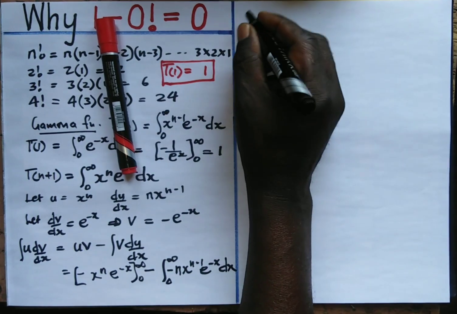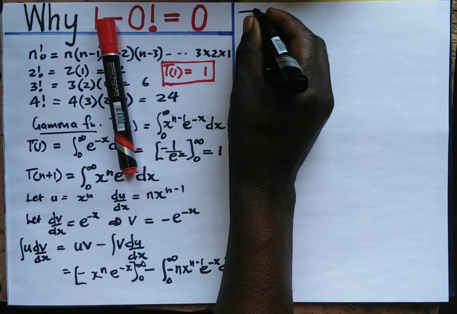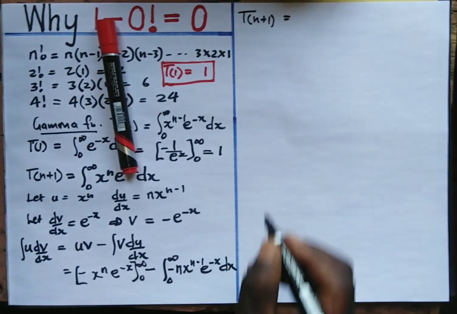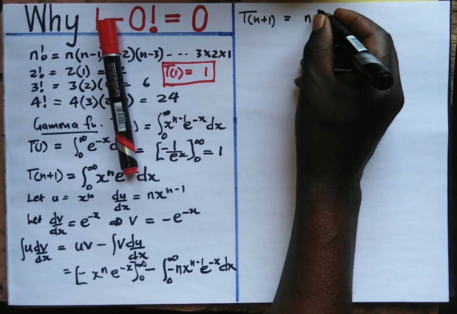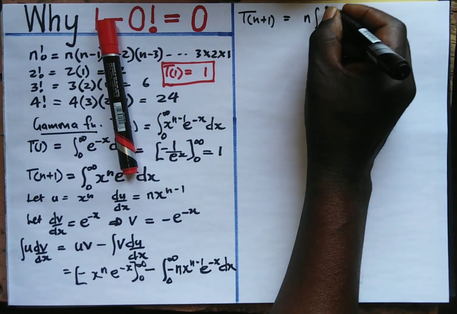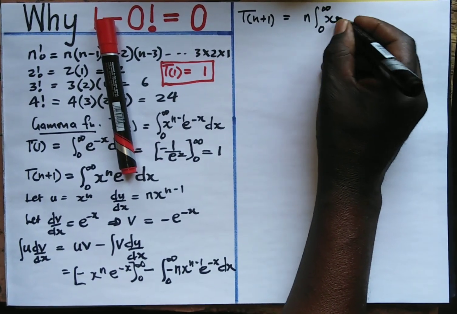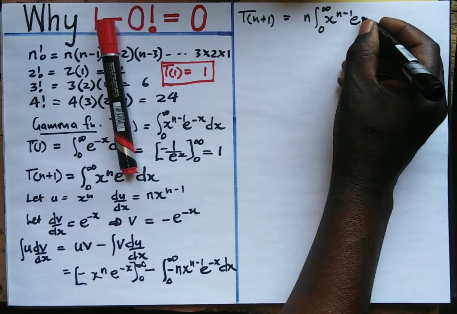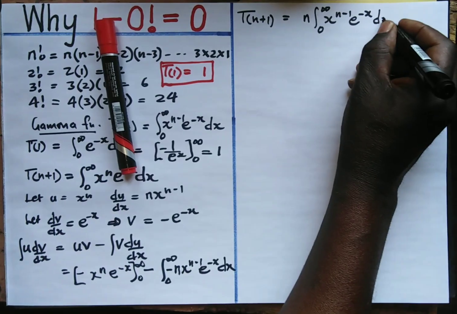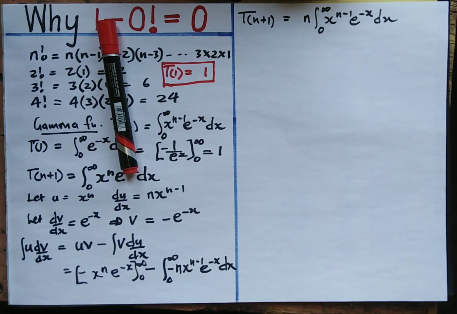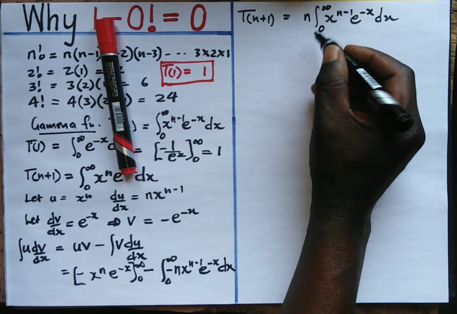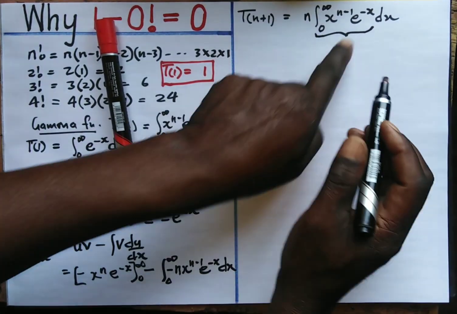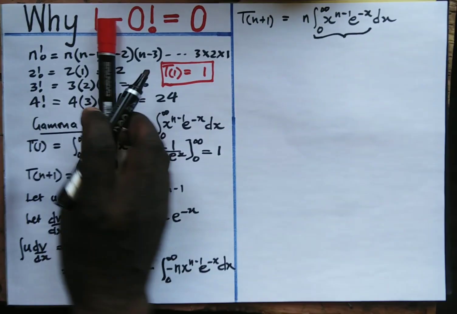So that means that, remember, this is our gamma of n plus 1 is now equal to n integral from 0 up to infinity of x to the power n minus 1 e to the power minus x dx. But wait a minute, when you look at this part here, it is actually the definition of gamma of n.